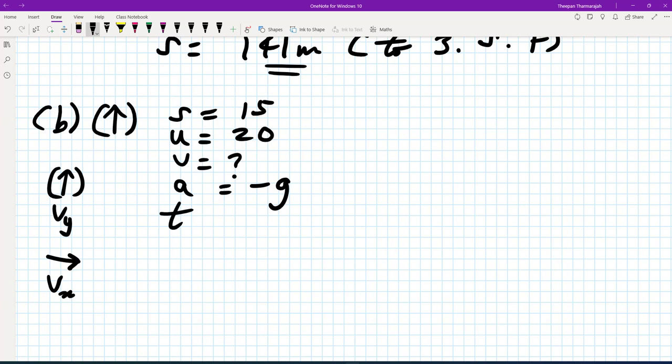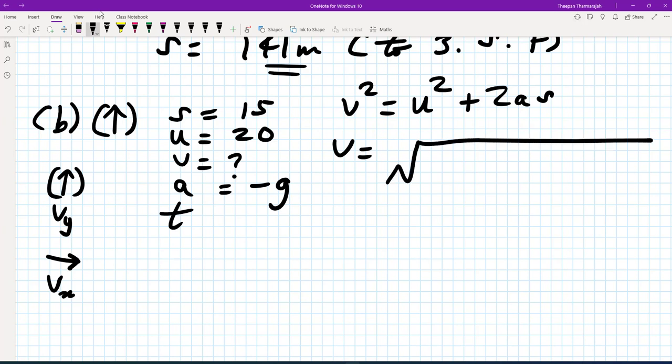We can use the SUVAT equation, v squared equals u squared plus 2as. So v squared is going to be 20 squared minus 2g times 15. Don't forget g is 9.8.